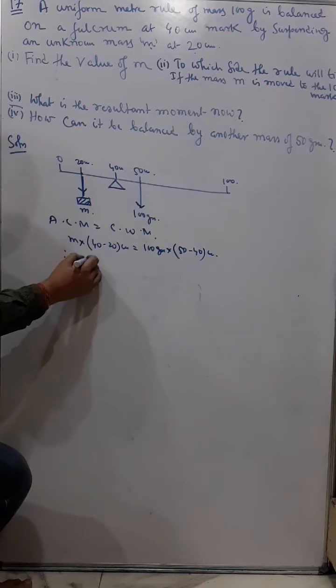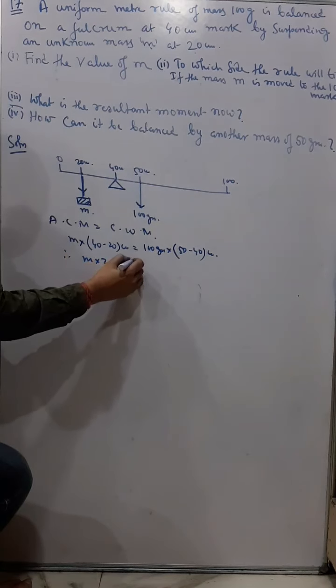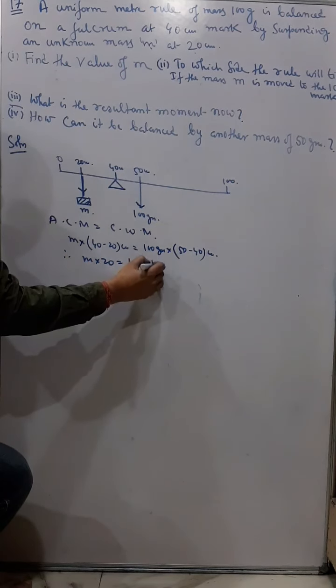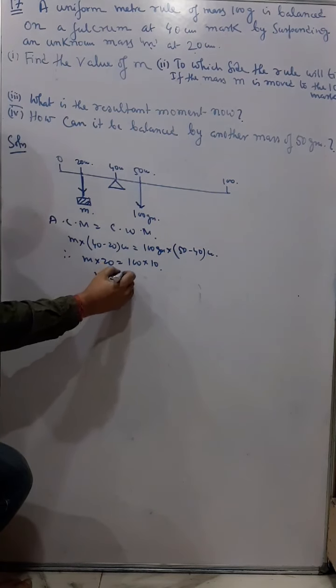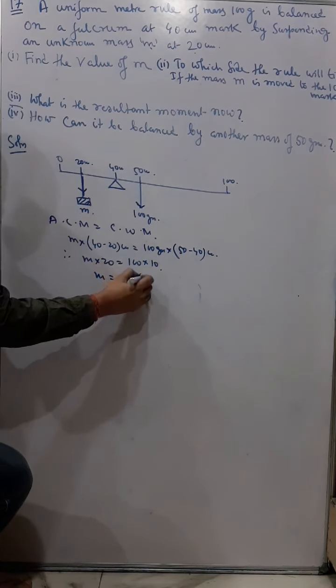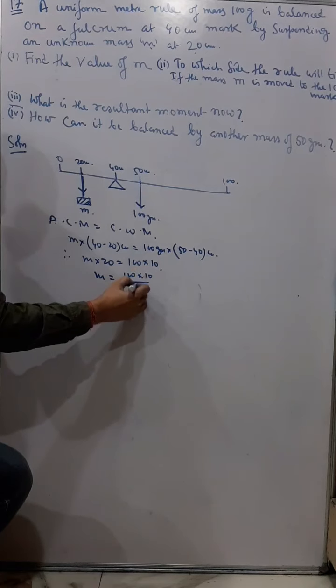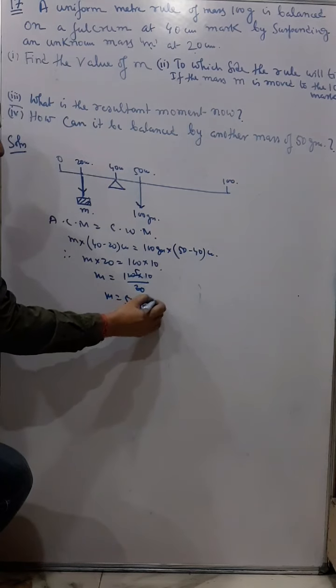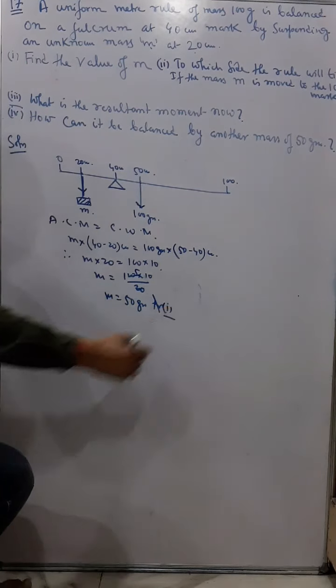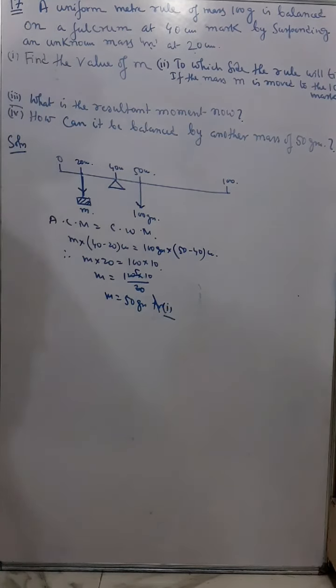So finally m into 20 is equal to 100 into 10, and therefore m is equal to 100 into 10 by 20. So I get m is equal to 50 gram. Okay, understand number one? So this is how we get number one.